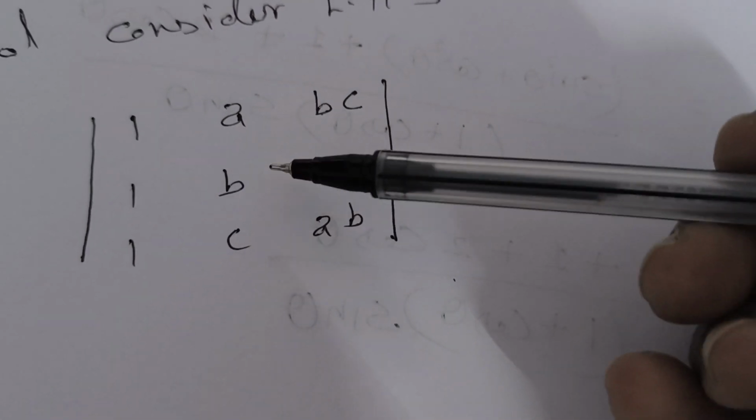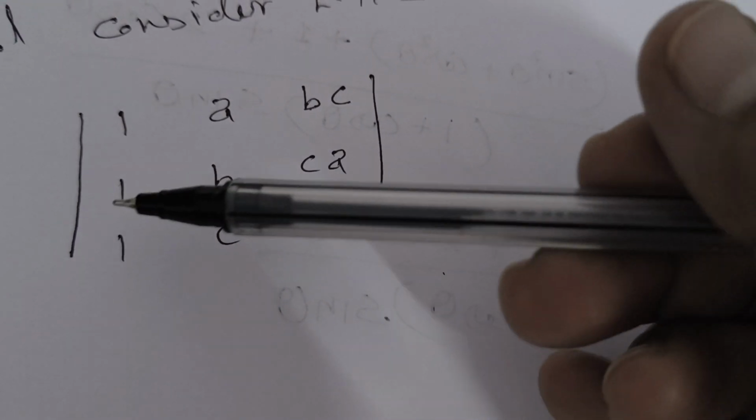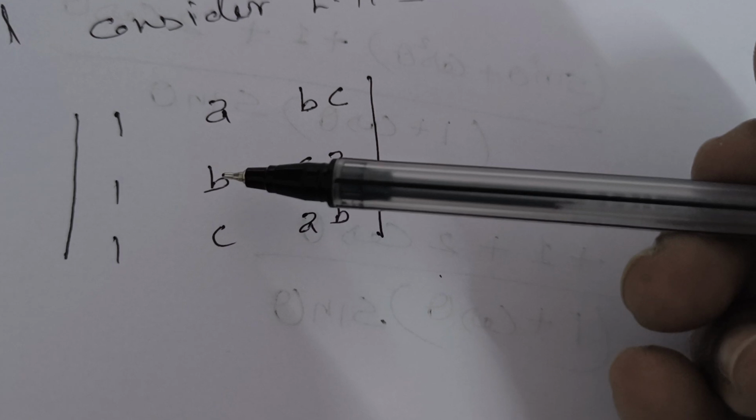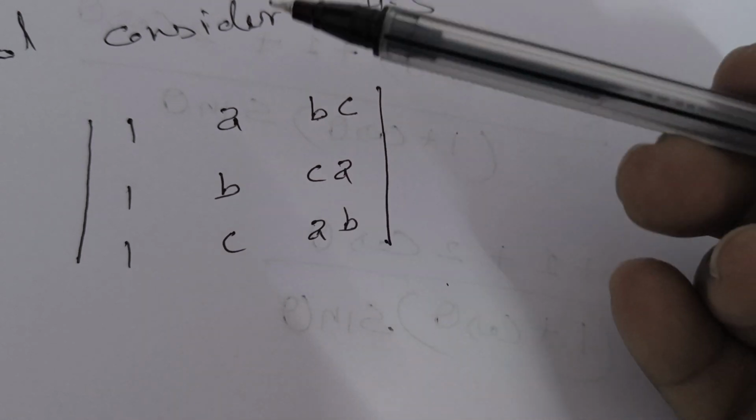When we perform row operation, second row minus third row, we get 1 minus 1 is 0, then b minus c. Similarly c minus a means r3 minus r1, third row minus first row.